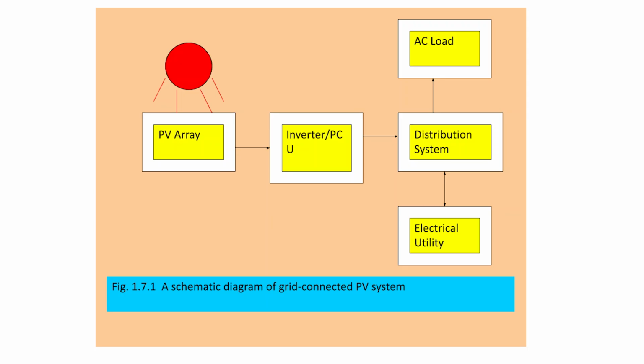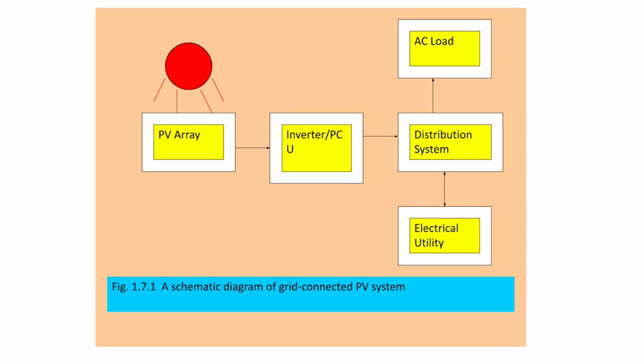So here you can see the schematic diagram of a grid connected PV system. In the first block you can see it is a PV array. As I already told you, a PV array is nothing but an interconnection of different PV modules. As solar radiation is incident on the PV array, it will convert solar radiation into electricity, and whatever power or electrical supply you are extracting from the PV array is DC, or you can say direct current.